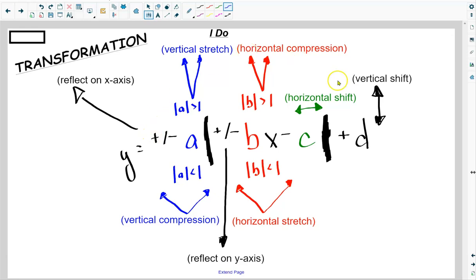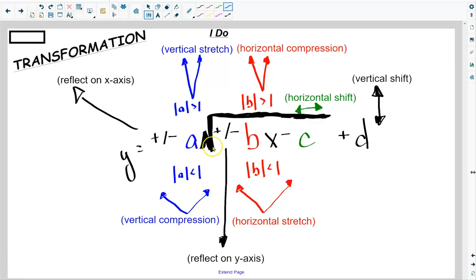Now, we saw this before with absolute value. There was a lot of information, so you don't know what kind of question they're going to ask you. They might ask you about a horizontal compression, a vertical compression, some kind of shift. Because we don't know, we have to be ready for everything. They might ask about a reflection on the x-axis or the y-axis, but we're not dealing with absolute value, we're dealing with square root.